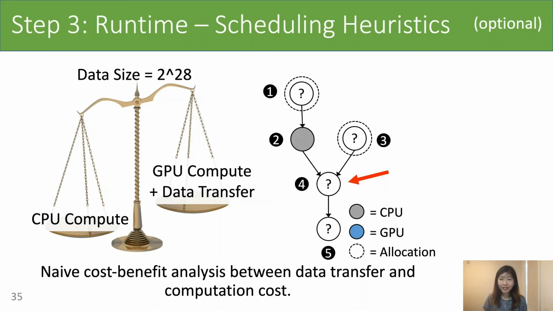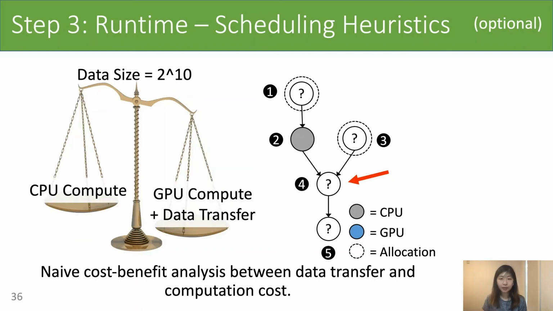At large data sizes, it might be totally worth it to transfer the data to the GPU first, since computing on the GPU is so much faster. On the other hand, when the data size is small, it might be faster to just do the computation on the CPU and avoid the overheads of transferring data to the GPU. So using the heuristics, the runtime would assign node 4 to the CPU.